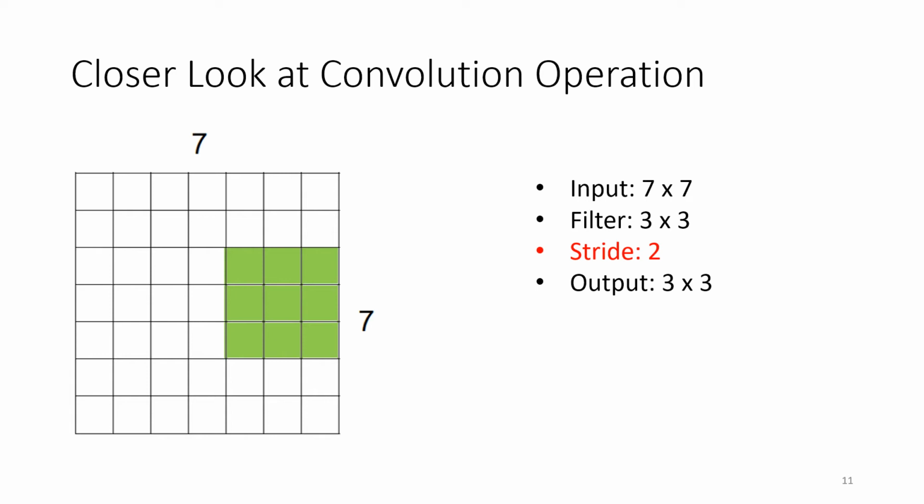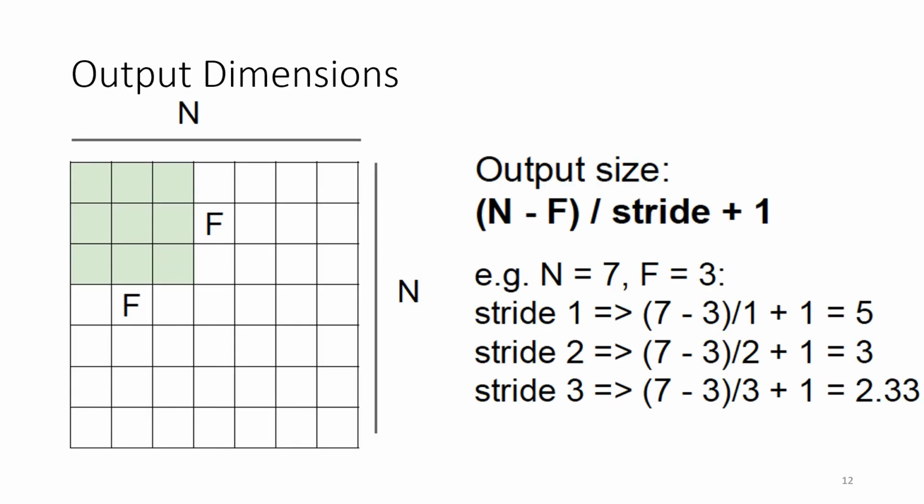So the size of the output is a function of input size, filter size, and stride. If you want to calculate the output as a function of these, this is the formula we can come up with. N is the input size, F is the filter size, and we have a stride: N minus F divided by stride, plus 1.